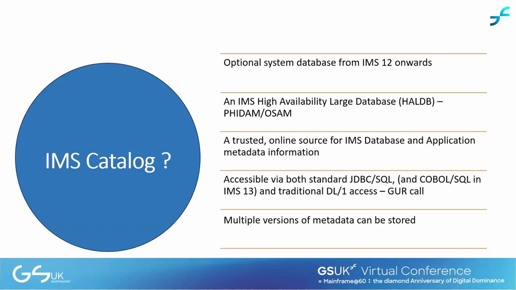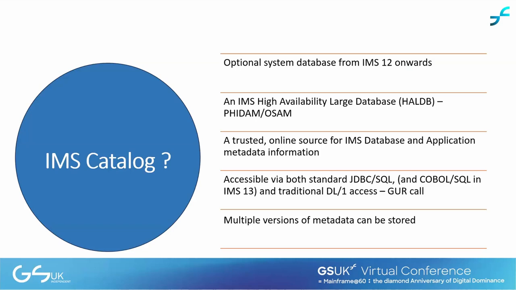One more important point is that IMS catalog supports multiple versions. What that means is, for the same database or same metadata, you could have two versions. Let's say you are implementing some change and you ran the DDL that created an entry in the IMS catalog, but you're not satisfied and want to make some change. In that case, you will tweak your DDL statement, generate it, and it will populate a new entry in the IMS catalog.